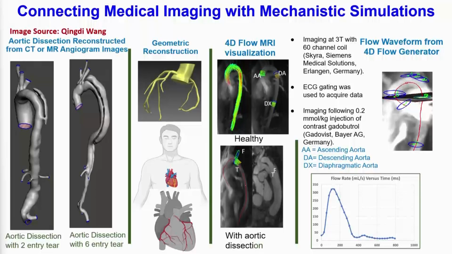Now, there is a very important step which will convert this medical image to geometric information, or a geometric set of parameters, which can be meshed for your computational simulation.